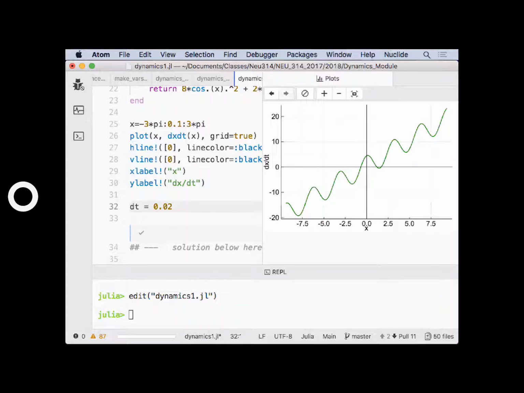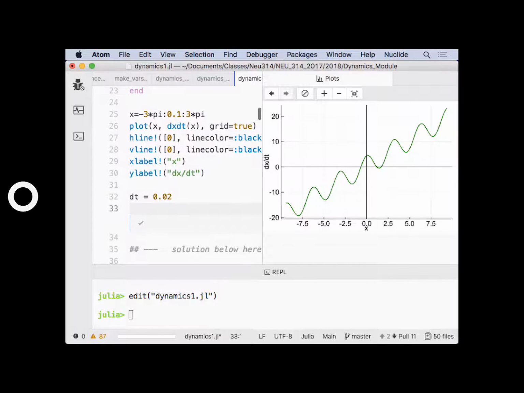Right? The smaller the better. And if those two look pretty similar, that means that the first one was already small enough that we're getting reasonably accurate results. If you run with a value of dt, you run again with half the value of dt, and you get very different looking things, that means that your original dt was not small enough, and you should keep making it smaller. So we choose a value of dt.